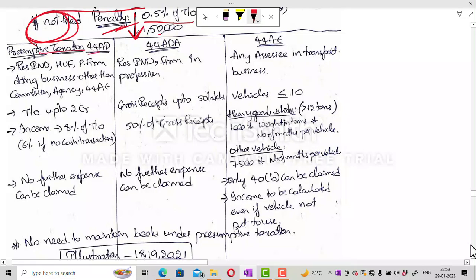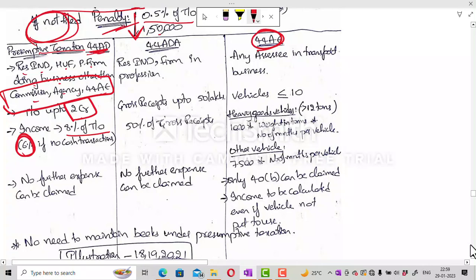See, what is presumptive taxation? 44AD: resident individual, HUF, partnership firm doing business other than commission agency and the specified businesses. If turnover is up to 2 crores, they have to declare income of flat 8% of turnover. If there are no cash transactions, means even 1% cash transactions are not allowed, then they can pay at 6%.